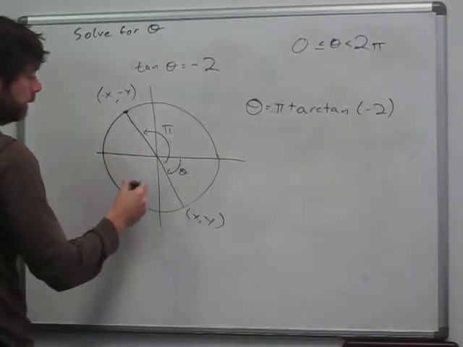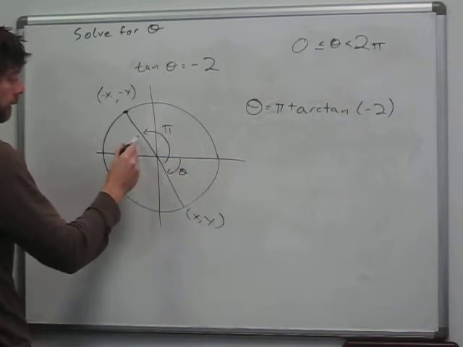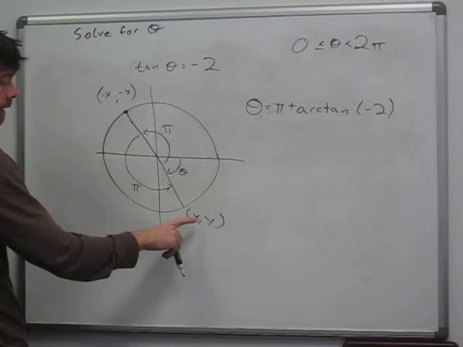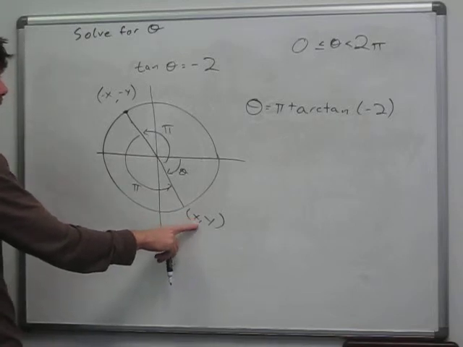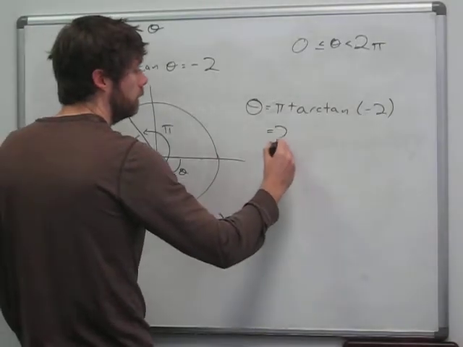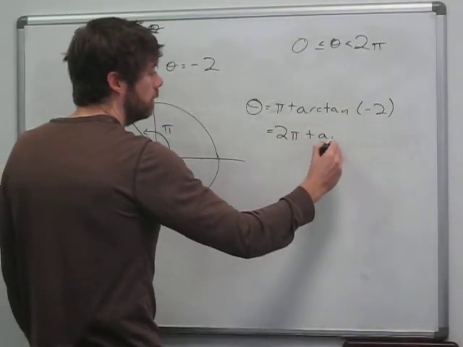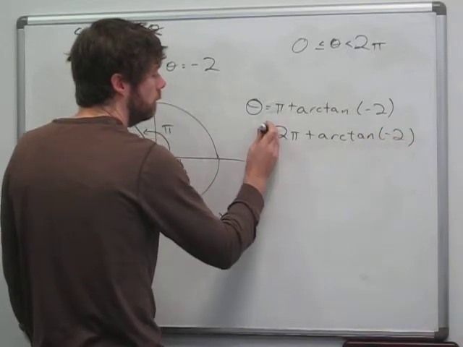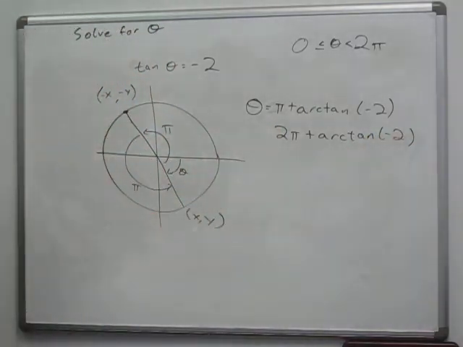And I get to continue up until 2 pi, so as I add another pi, then I'll land at the point xy, which also has a tangent value of negative 2. Okay. So these are the two solutions to this trigonometric equation.